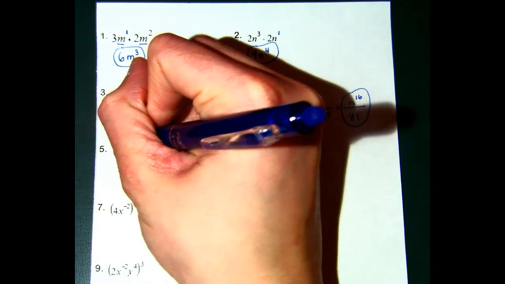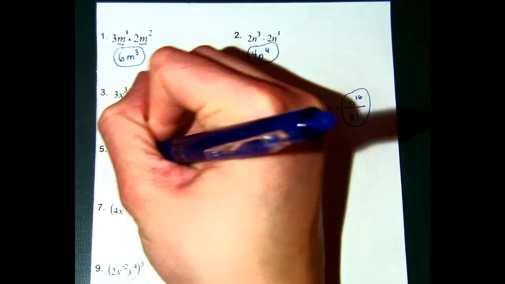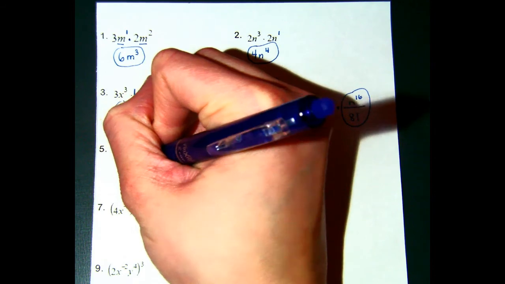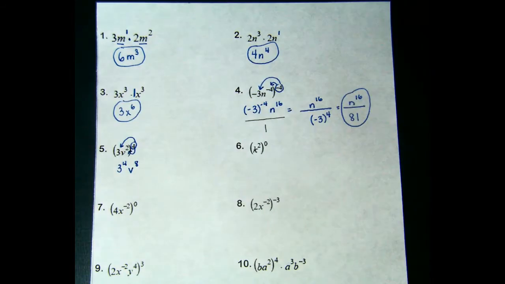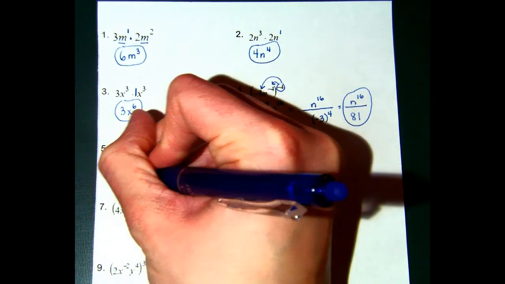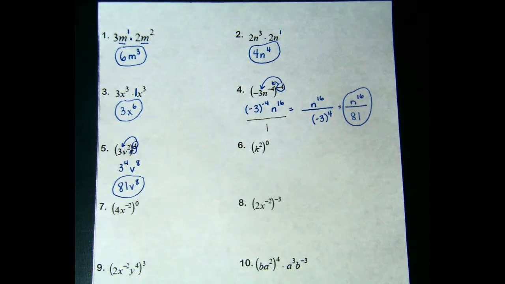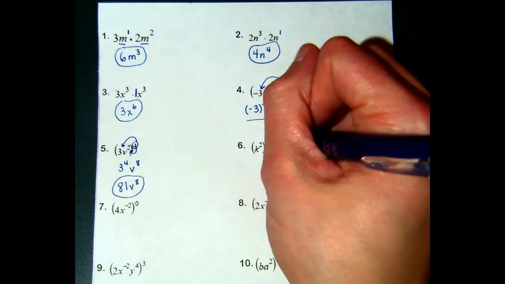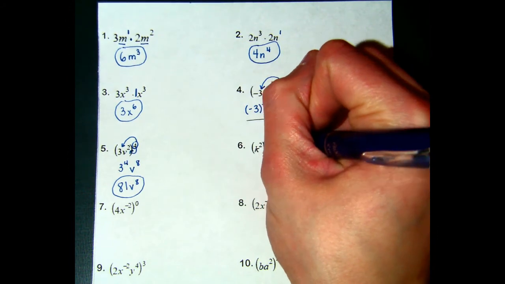So, like distributive property, 3 to the 4th, v to the 8th. We then need to do 3 to the 4th. I have 81 v to the 8th power. Numbers 6 and 7 are zero exponent rule.